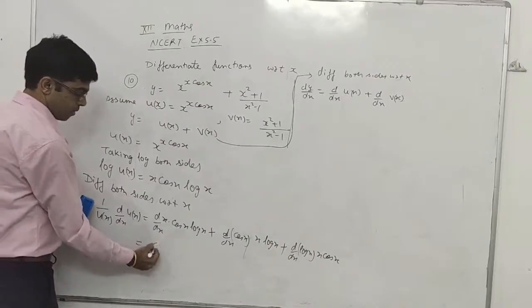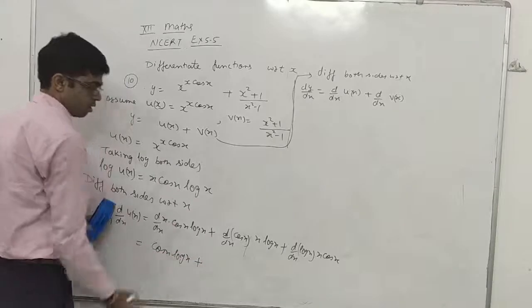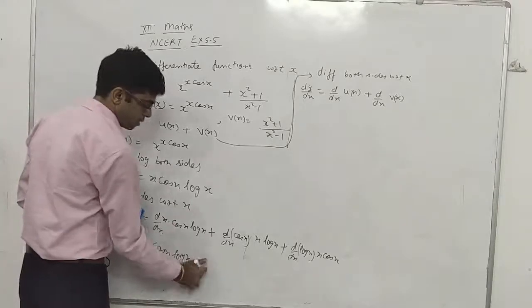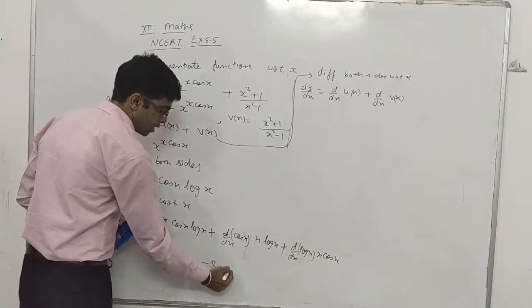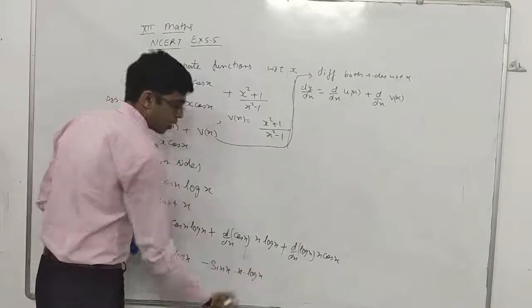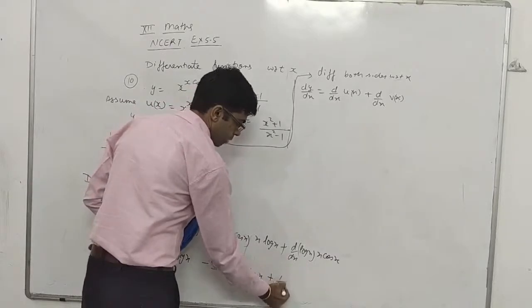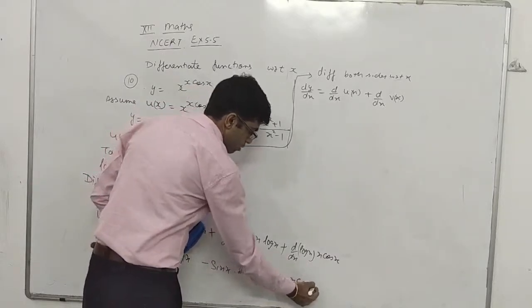So this will be 1 into cos x log x. Cos x's differentiation is minus sin x, x log x. Log x's differentiation is 1 upon x, x cos x.